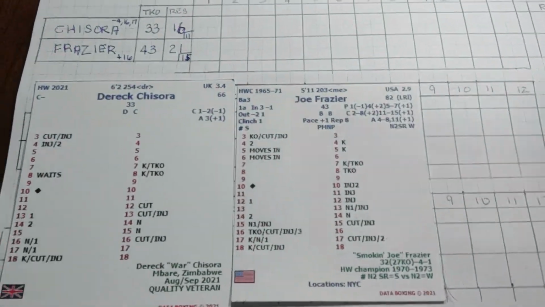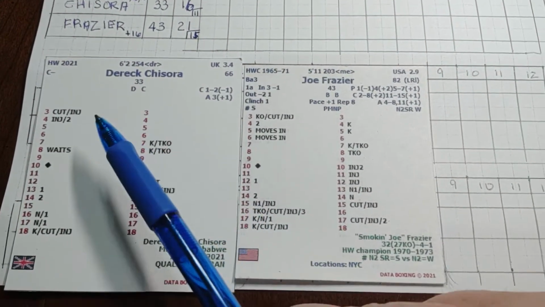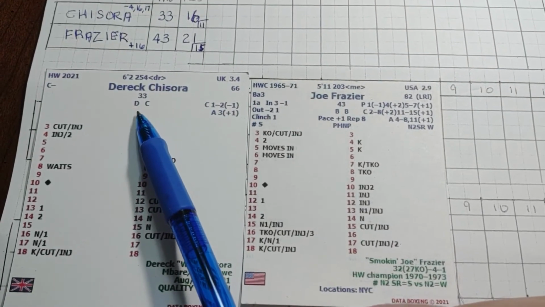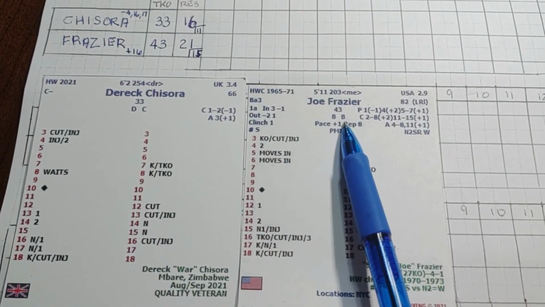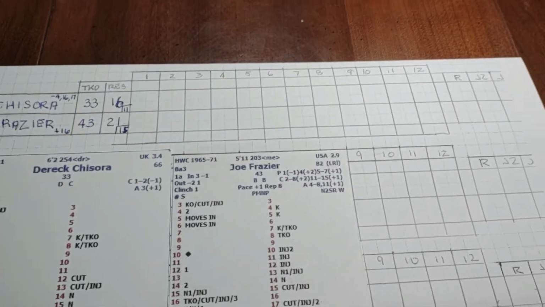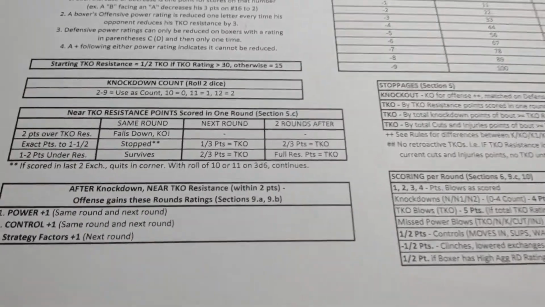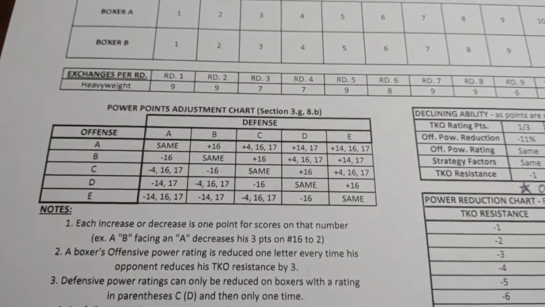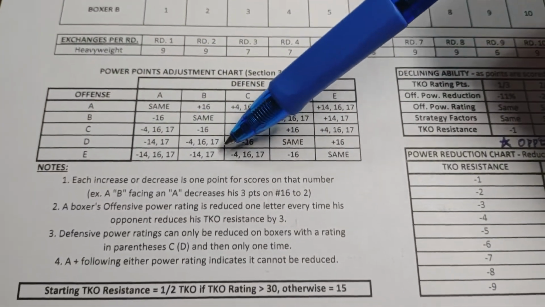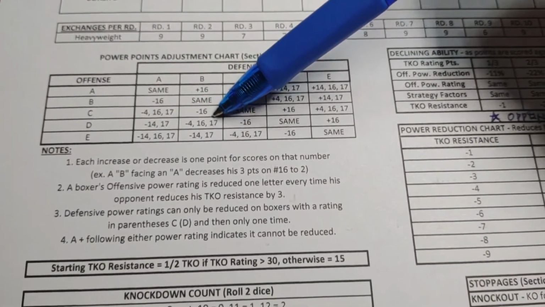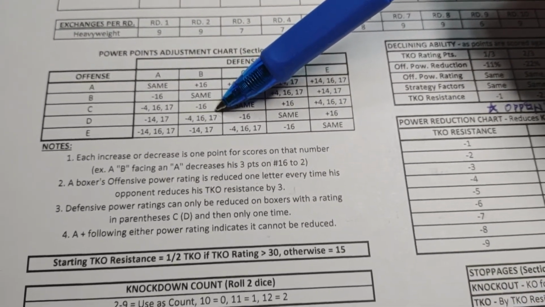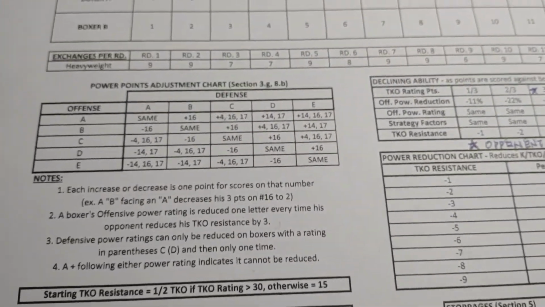The next thing you want to look at that's important is the offensive power ratings. Chisora is a D power against Frazier's defensive power of B. So if we look on this chart here, we can see that an offensive D against the defensive B, Chisora is going to lose 1 point of scoring on dice roll results 14, 16, and 17.